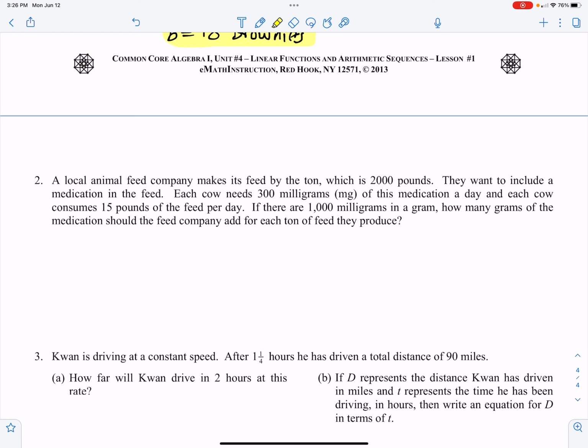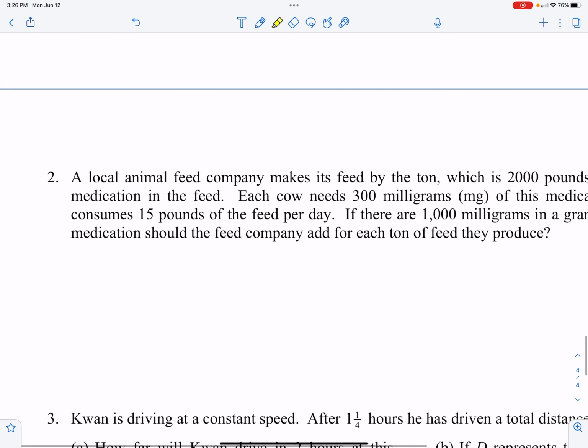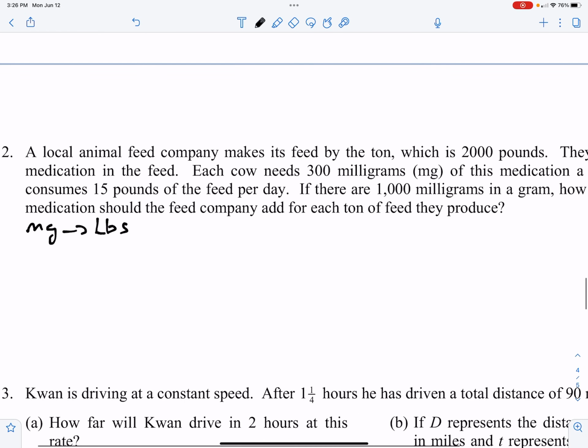Well, first, a ton is 2,000 pounds. We're going to go straight to pounds. All right, and I'm going to build a ratio, first between milligrams and pounds. LBS, that's the abbreviation for pounds.